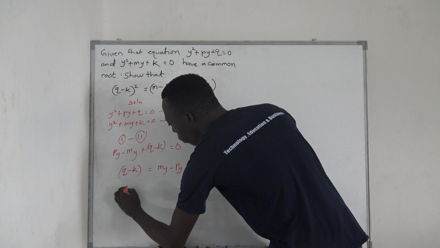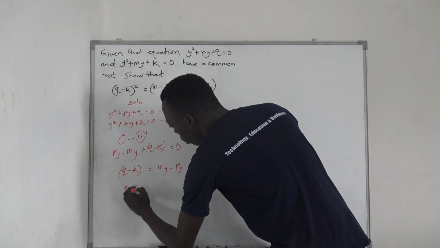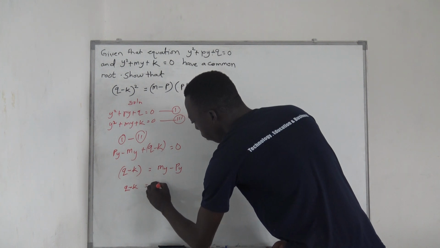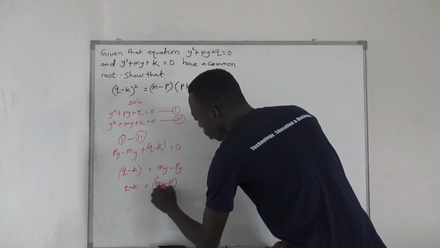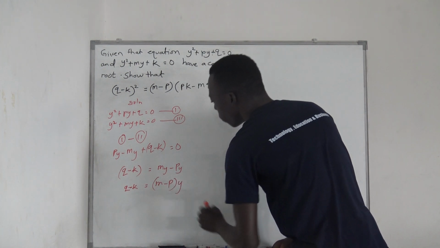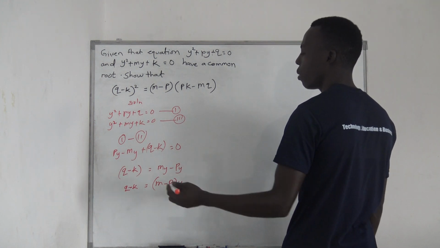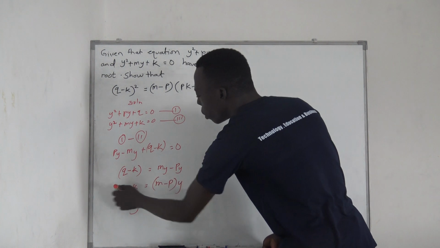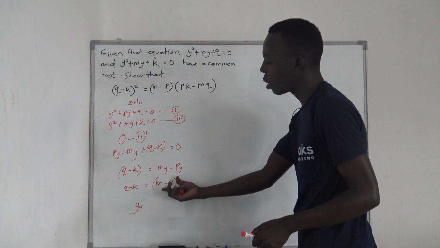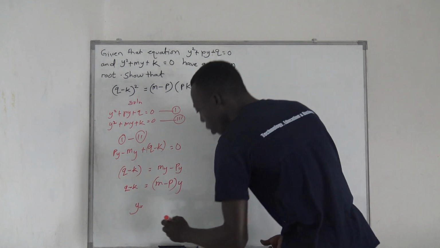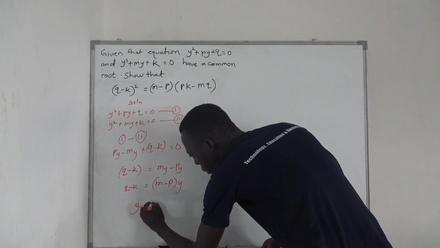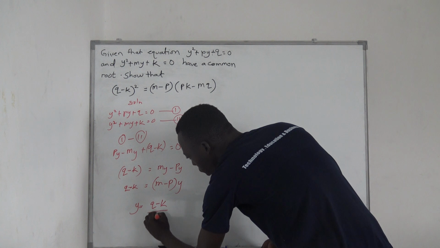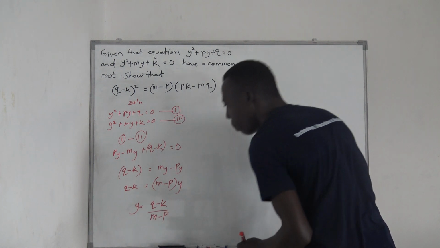So here it becomes q minus k equals m minus p, then times the value of y. So we make y the subject. That means y equals, dividing both sides by m minus p, we shall have that y is (q minus k) out of (m minus p).